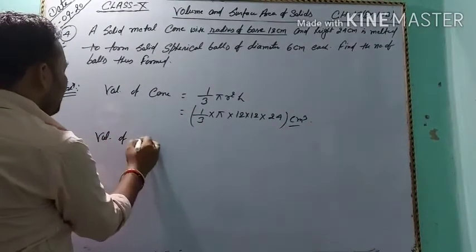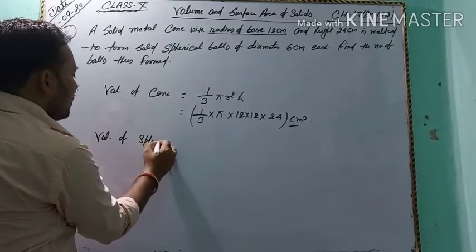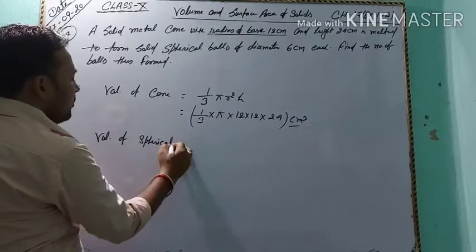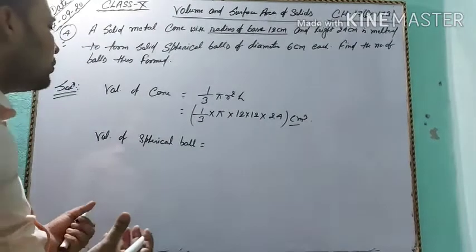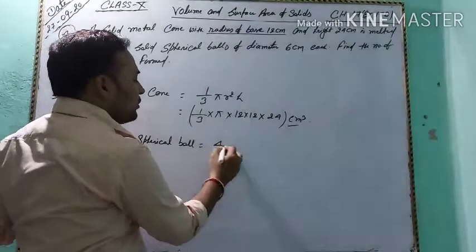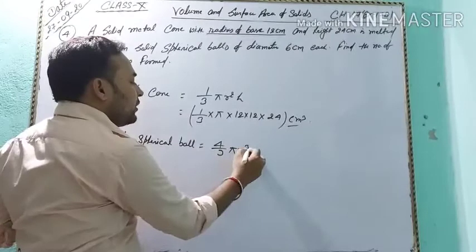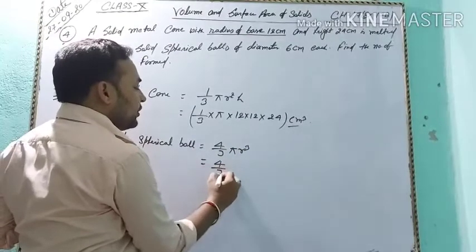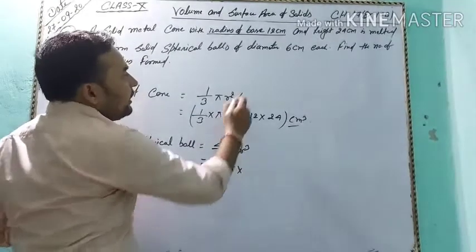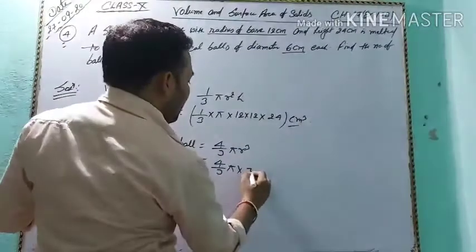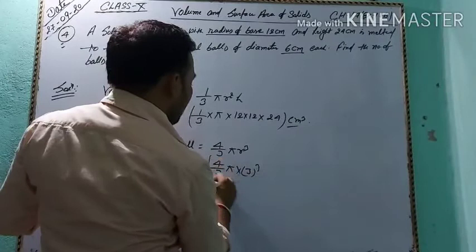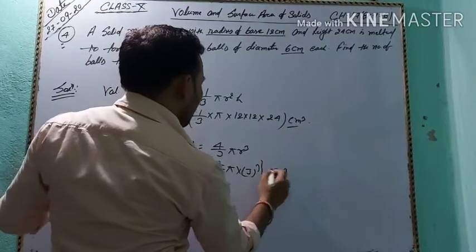And the volume of a spherical ball. A spherical ball means volume of the sphere equal to 4/3 pi r cube. That is 4 by 3 pi, and the diameter is 6 centimeter, then radius is 3 centimeter, 3 whole cube centimeter cube.